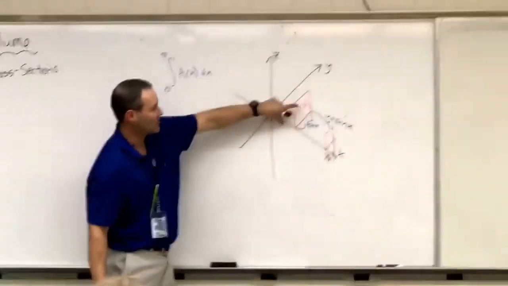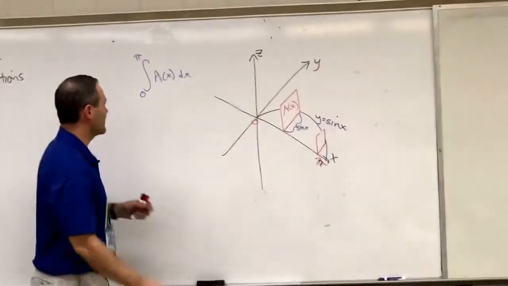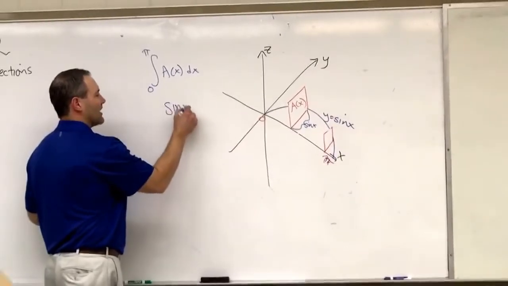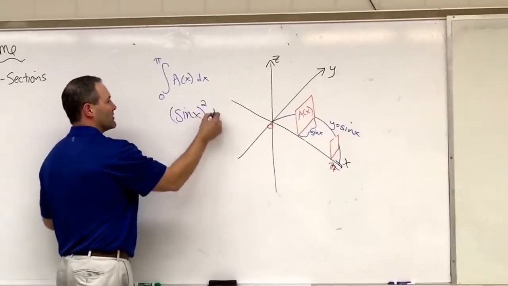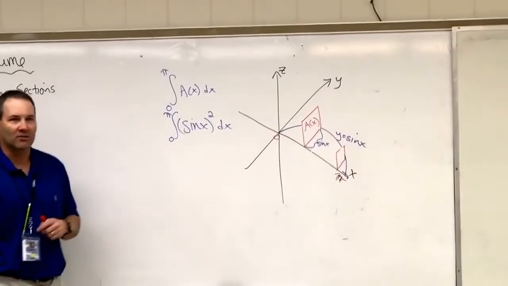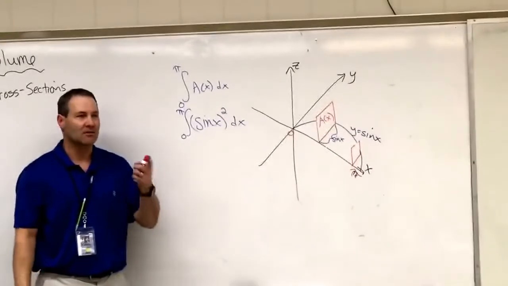It's the sine of pi over 4. So this distance is just the y value, which is sine x. So my A of x is actually just sine x squared, and we integrate dx from 0 to pi, and that will give you that volume. So the real math is figuring out what A of x is.